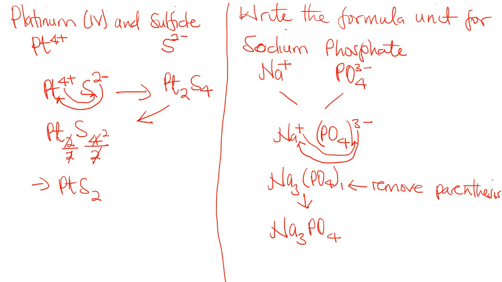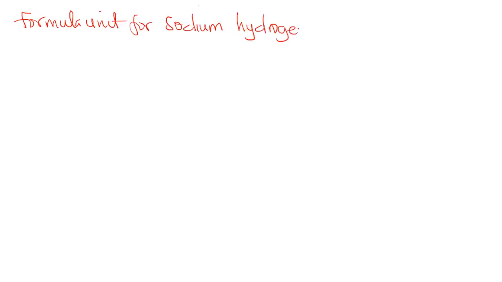What about another ion? Formula unit for sodium hydrogen phosphate. So you have 2 ions there.